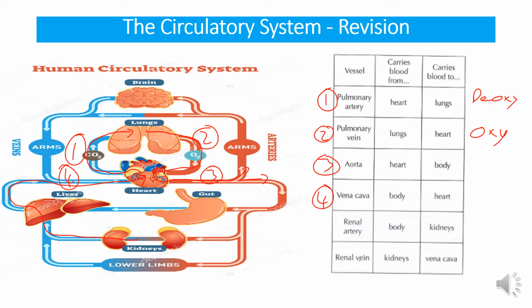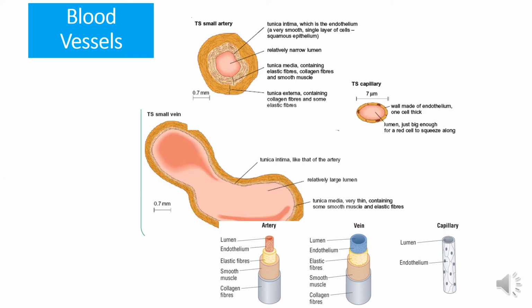And also what you should have done in the kidney lessons, or you will do in A2, is there is also the renal artery and renal vein, and they supply the kidneys with oxygenated blood and also take the carbon dioxide away from the kidneys, and that's one that you're also expected to know.